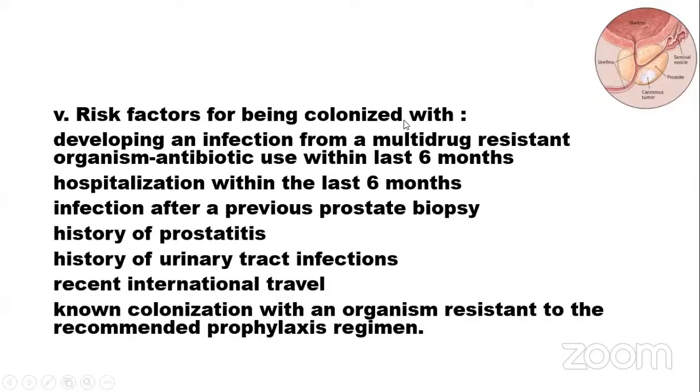Risk factors for being colonized with, or developing an infection from, a multi-drug resistant organism: antibiotic use within the last 6 months, hospitalization within the last 6 months, infection after a previous prostate biopsy, history of prostatitis, history of urinary tract infection, recent international travel, and colonization with an organism resistant to the recommended prophylactic regimen.